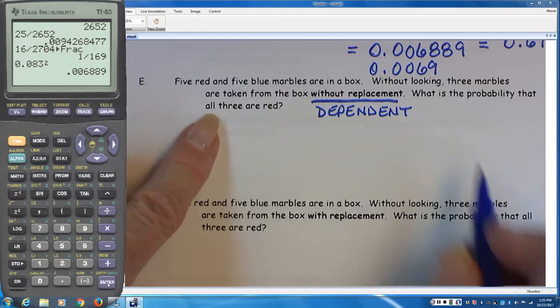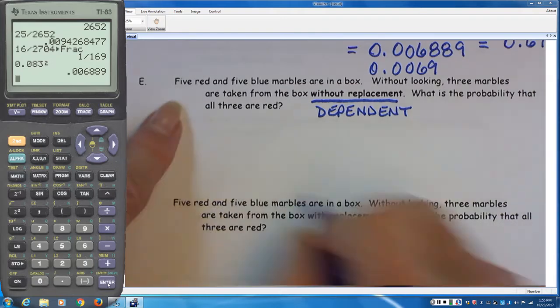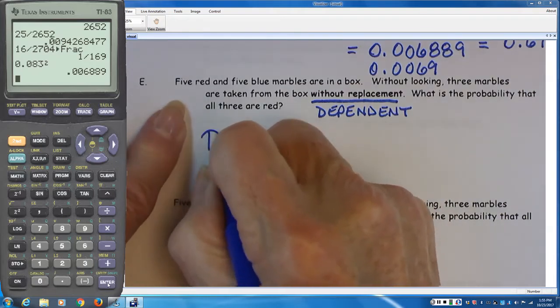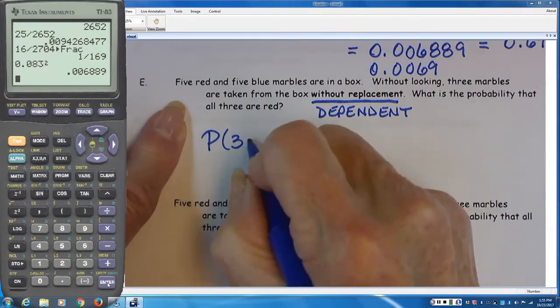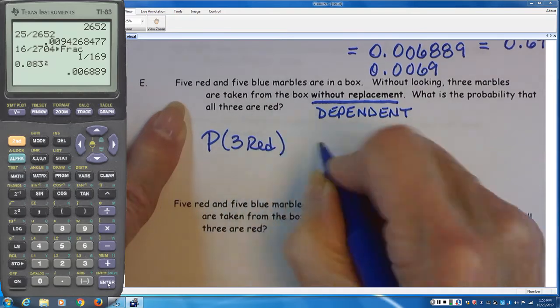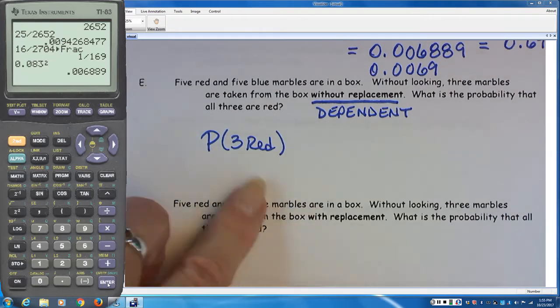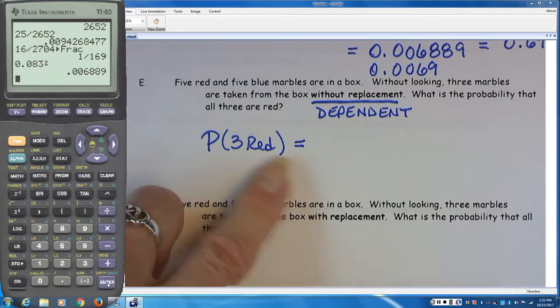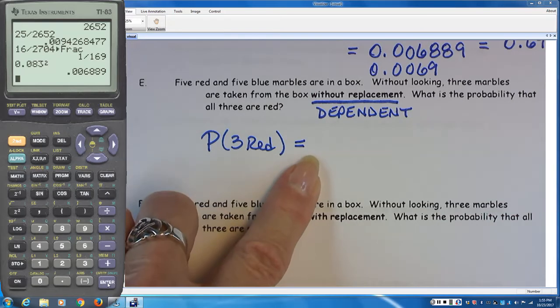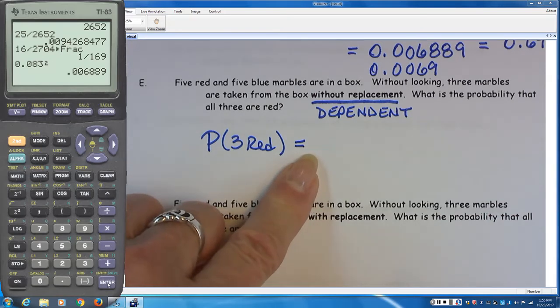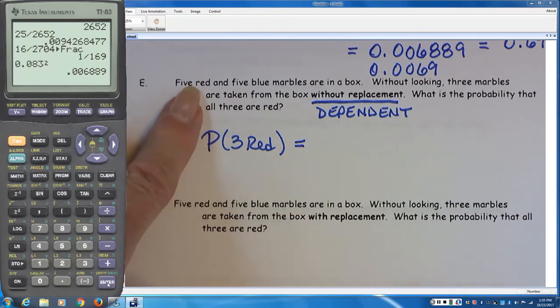What's the probability all 3 of them are red? Now that 3 red means you have to get the first one to be red. And the probability the first one's red would be 5 out of 10.